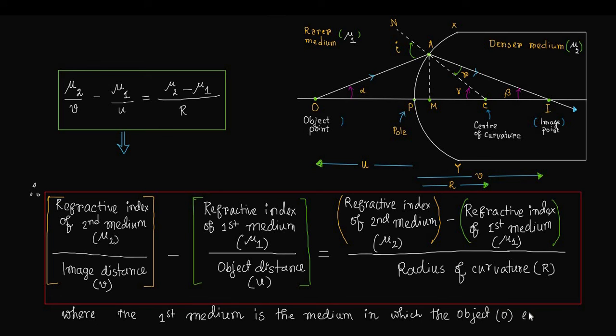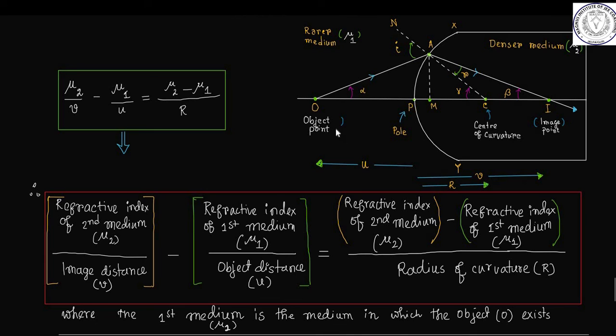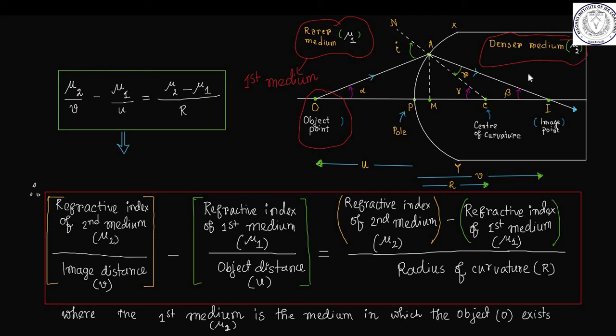Refractive index of the first medium in this case is mu1. Now the object point O exists in the rarer medium of refractive index mu1, so the rarer medium is the first medium. And the other medium, the denser medium, is the second medium in which the real image I is formed.